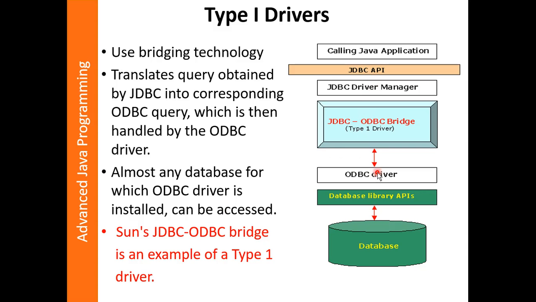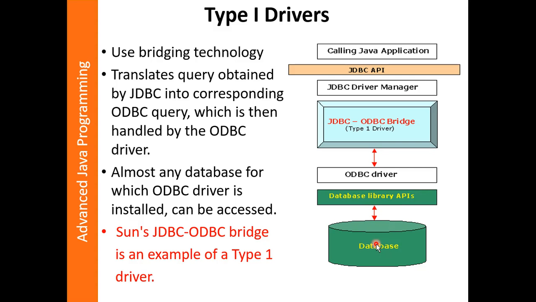Now the ODBC driver will convert the calls to native calls of the database API. Now these native calls will be understood by the vendor database library, and the vendor database library will in turn convert the calls to the vendor specific database. So this is how it works.